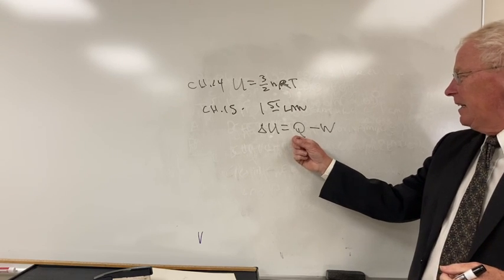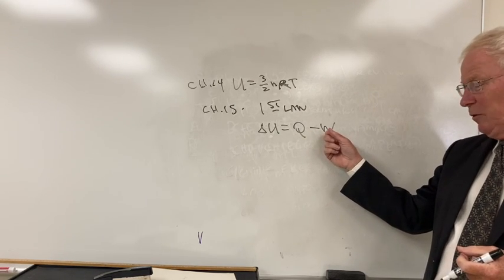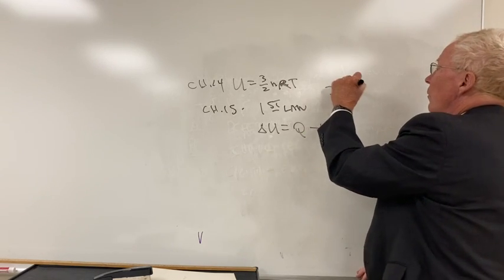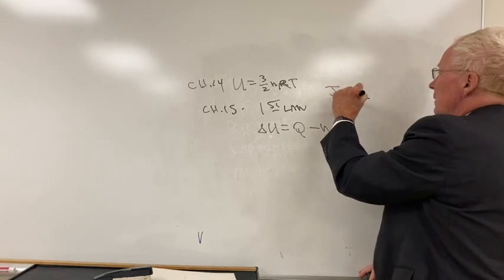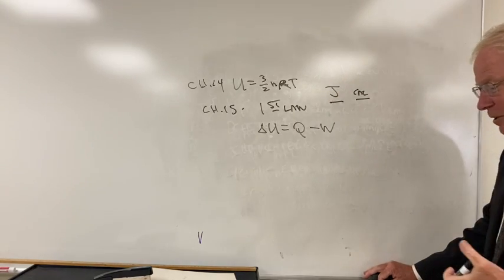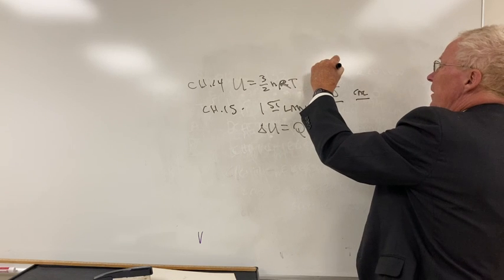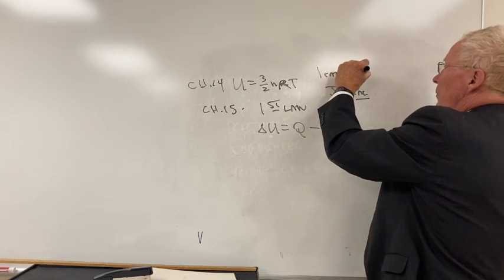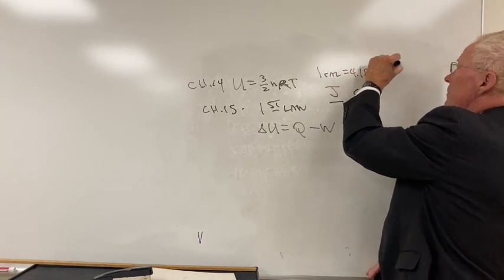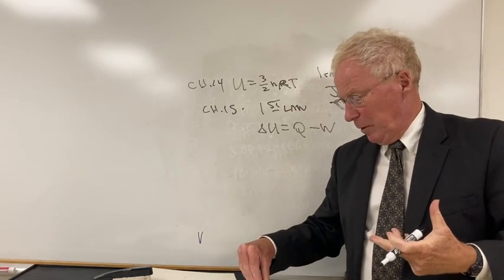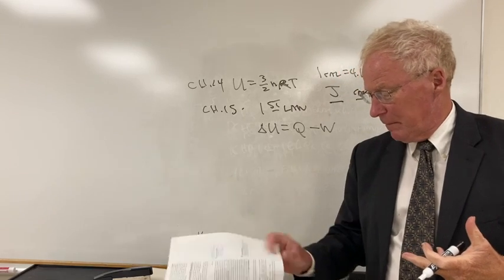Q is the heat added, and W is the work done. And this again is either in joules or calories. Both of them are interchangeable. Again, don't forget one calorie is 4.186 joules. Okay? So that's first part, chapter 15, I should say.